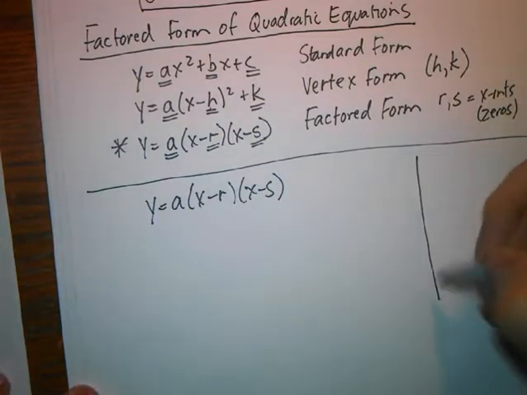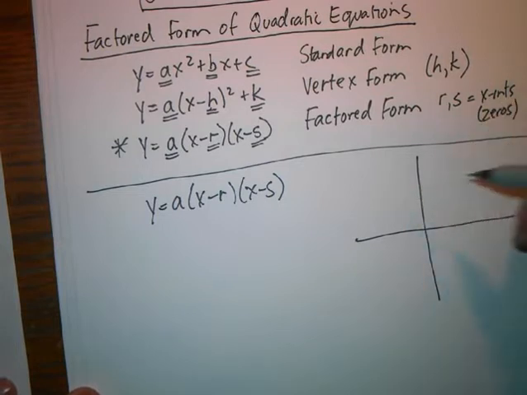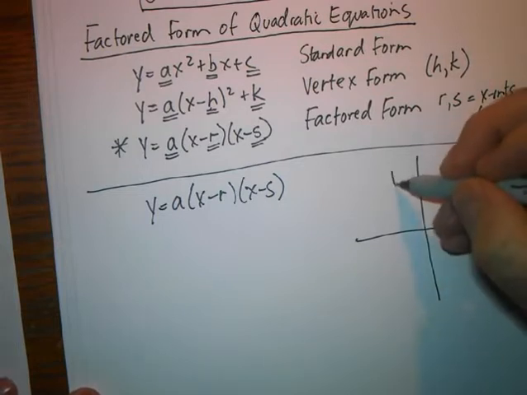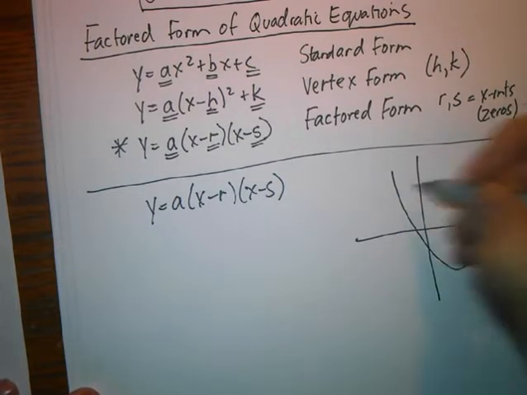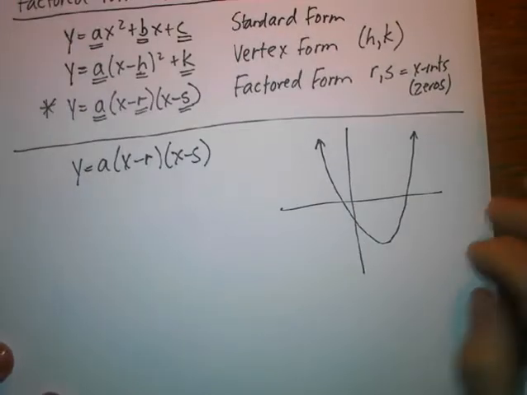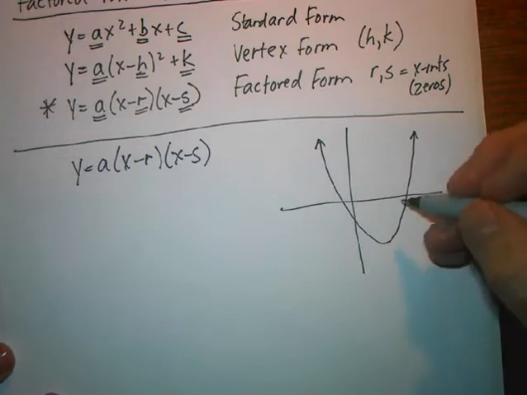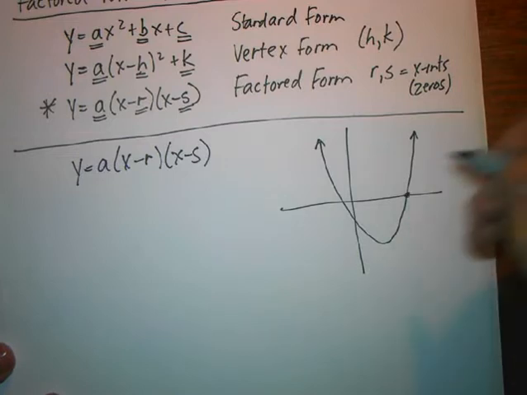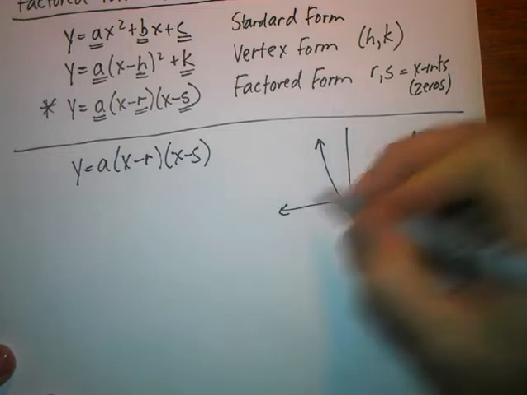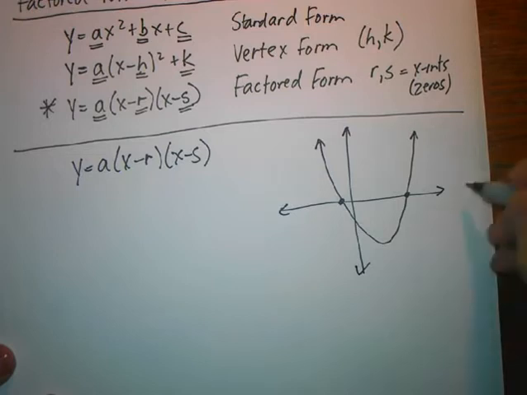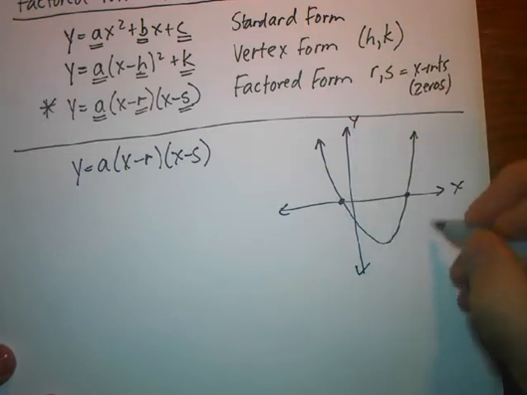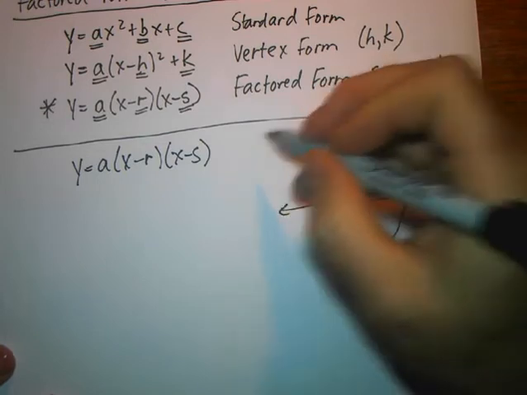In order to do that, let me graph some parabola that opens up, so that would tell you the value of a is going to be positive. It's going to have these x-intercepts. The thing about x-intercepts, and this is true with any equation, is that the x-intercepts always occur where y is equal to 0.